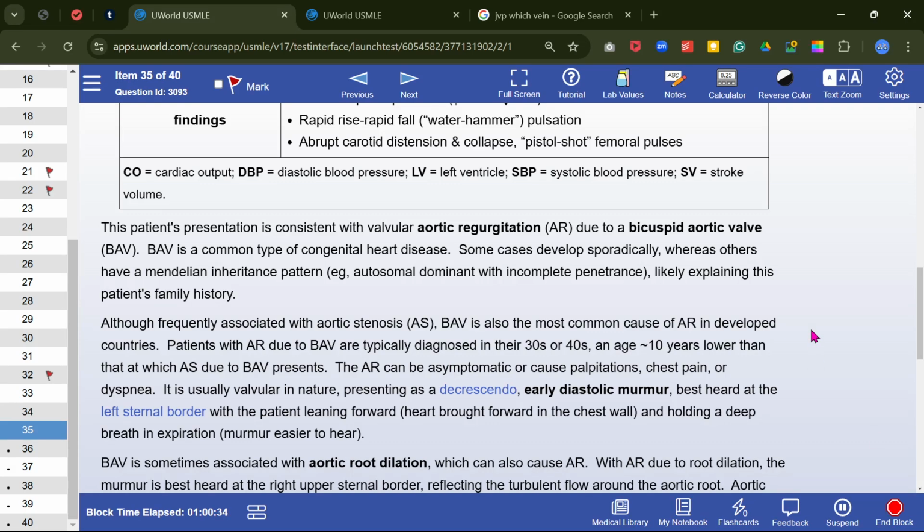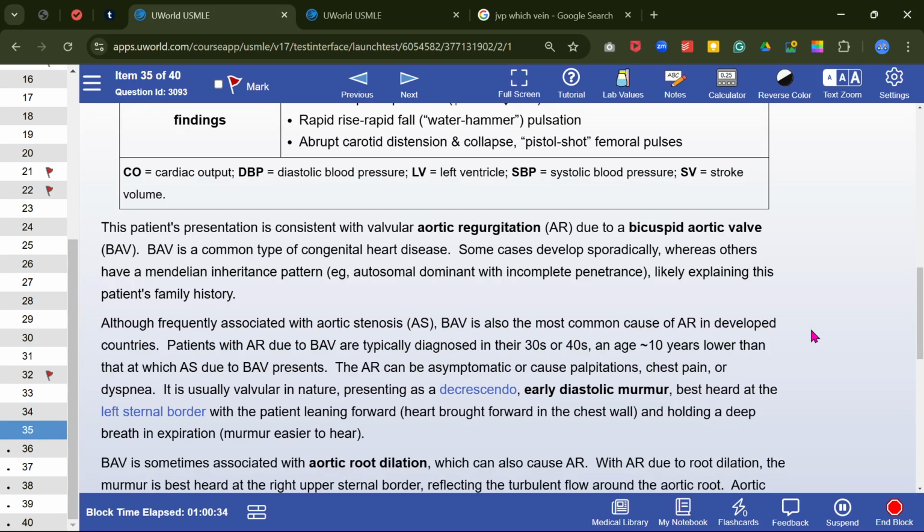AR can be asymptomatic, or cause palpitations, chest pain, and dyspnea. It is usually valvular in nature, presenting as a decrescendo early diastolic murmur, best heard at the left sternal border with the patient leaning forward, heart brought toward the chest wall, and holding a deep breath in expiration.